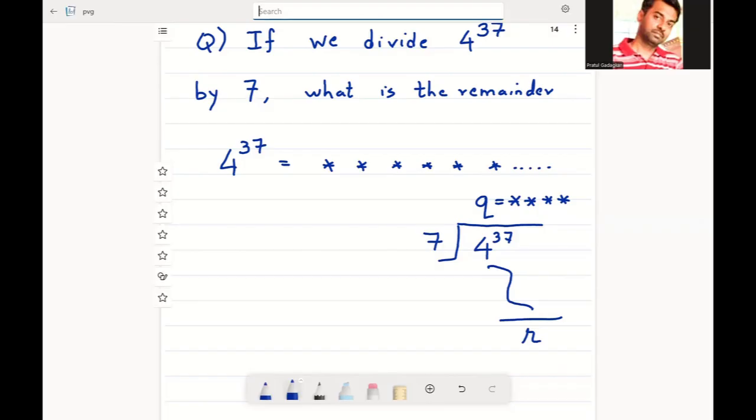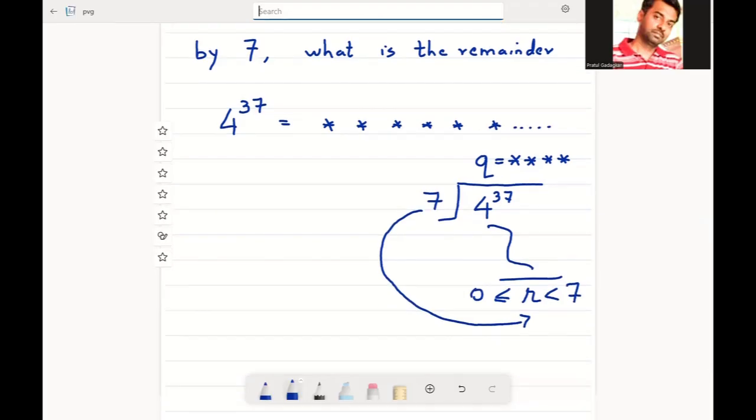It will be a small number, because the remainder is always greater than or equal to 0, and it is less than the divisor, less than 7. So the remainder will be between 0 and 7. What are the choices for remainder? It will be 0, 1, 2, 3, up to 6. It cannot be more than 6.